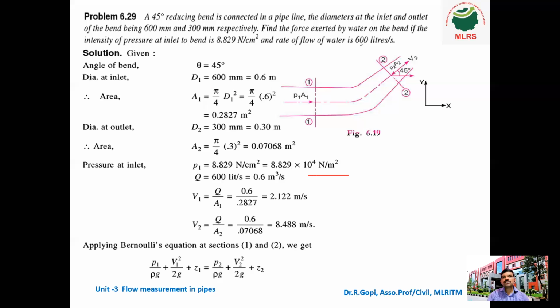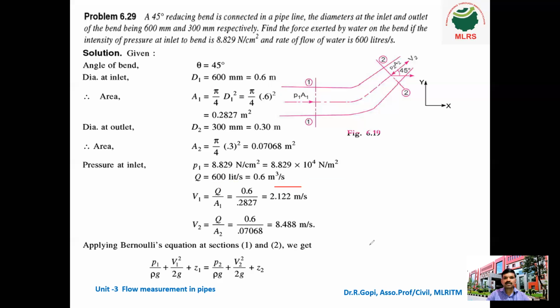Next, discharge. Please note down, discharge is given in terms of liter per second, not meter cube per second. So we must convert into meter cube per second. 1 meter cube is equal to 1000 liters. So 600 divided by 1000 gives 0.6 meter cube per second.